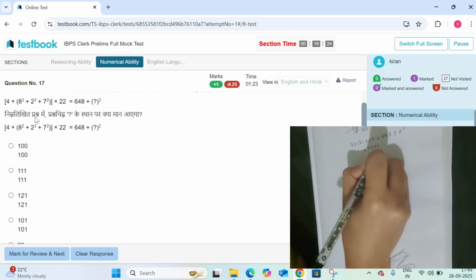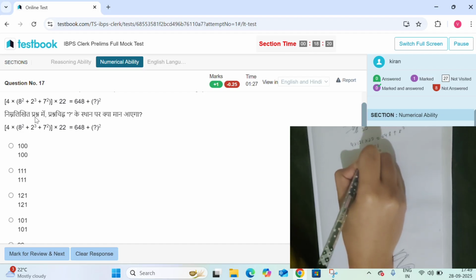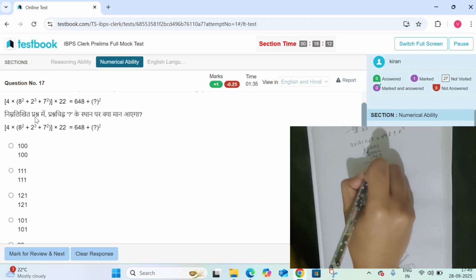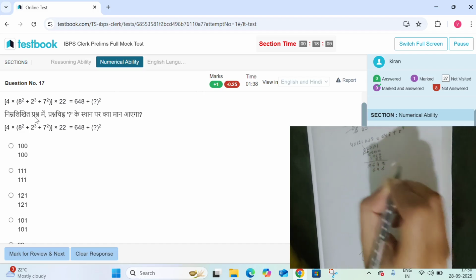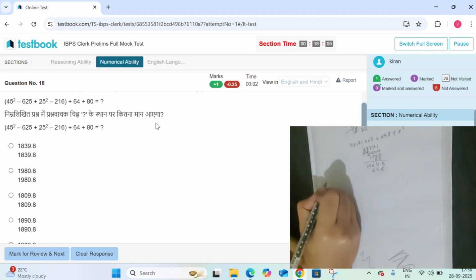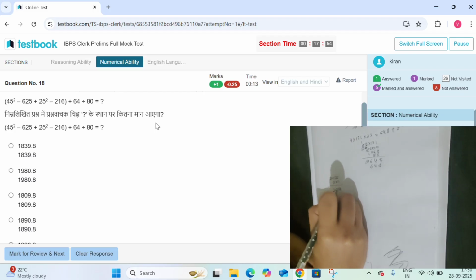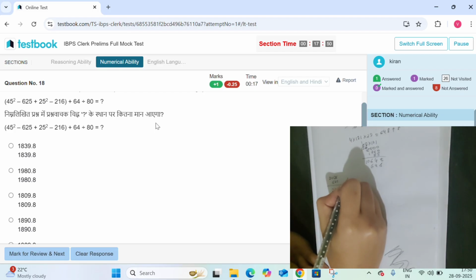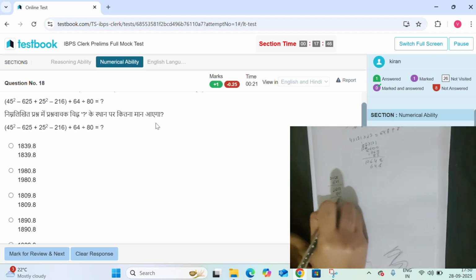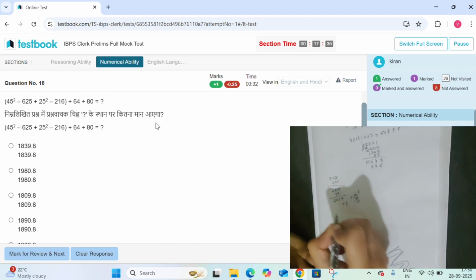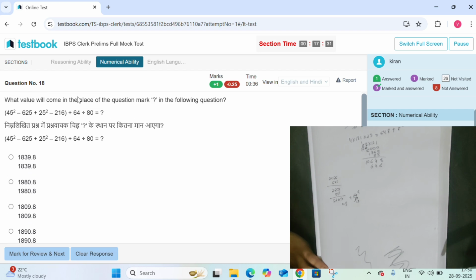So 8800, and 1760 and 88, the answer is 10,000 and 100. 45 squared is 2025 and 625. 2025 plus 625 is 2650, minus 841 is 1809.8.